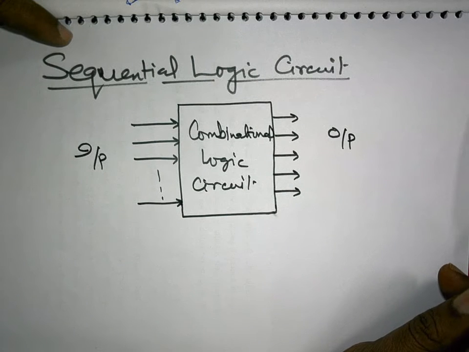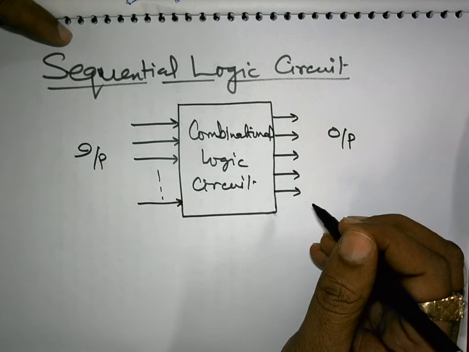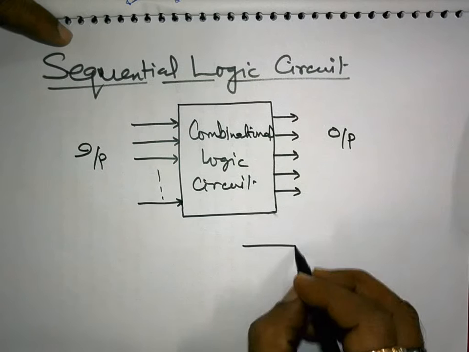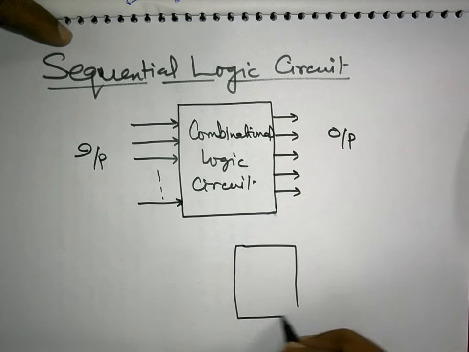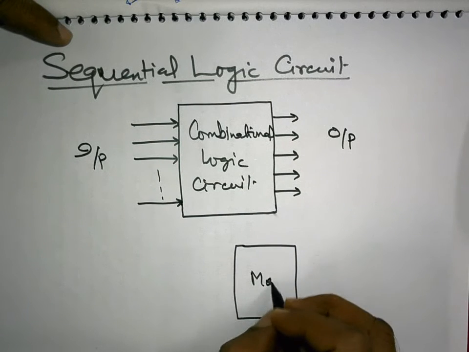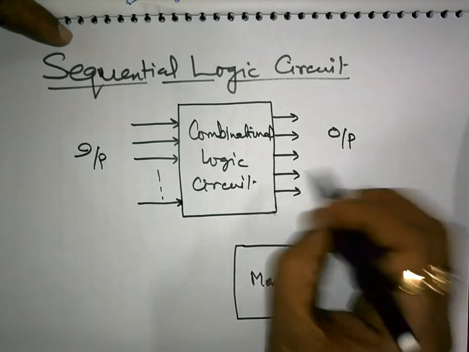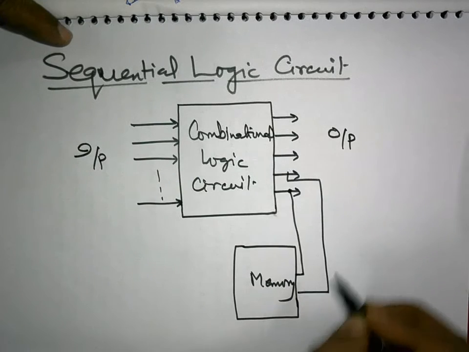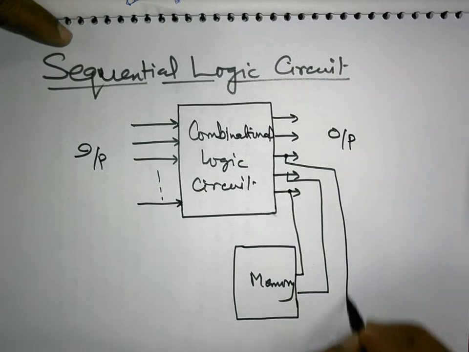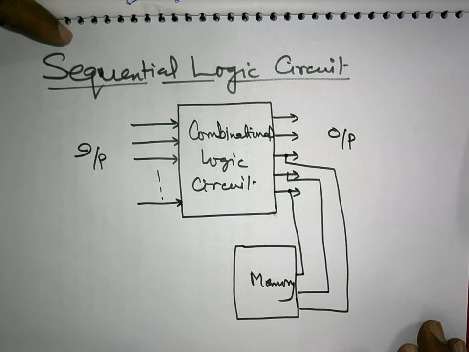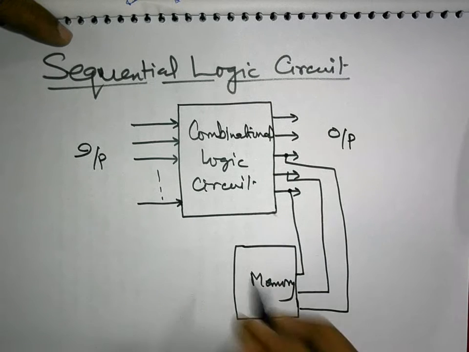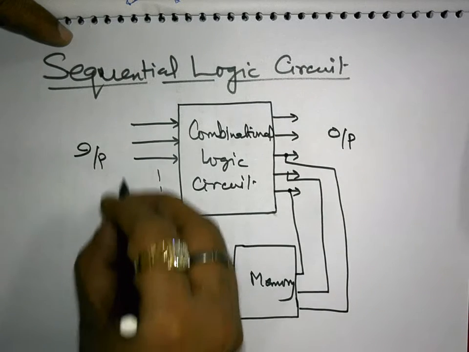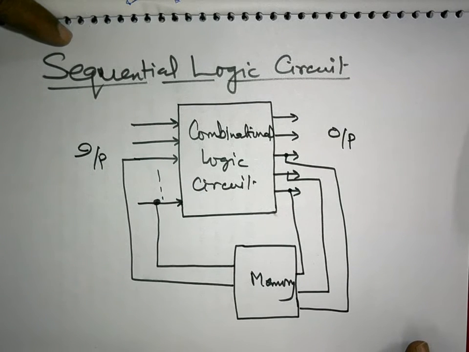Okay. So we can say this circuit to be sequential if somehow we evolve a mechanism to put one or more than one output values in some memory, and then, as and when required, they are fed to the input.